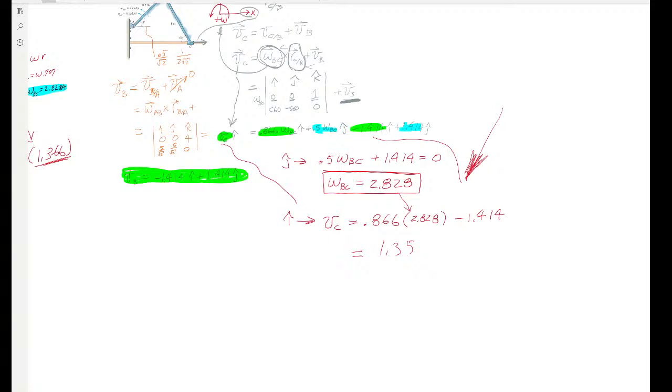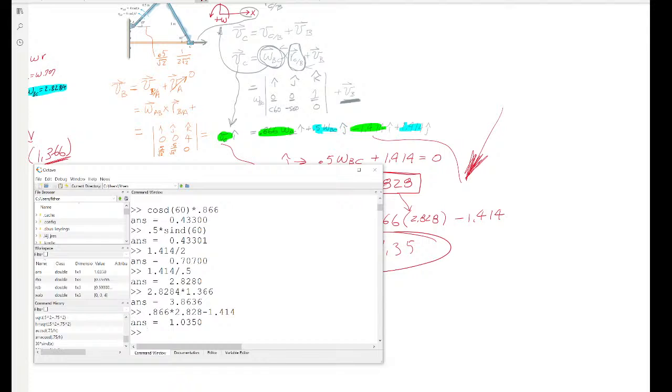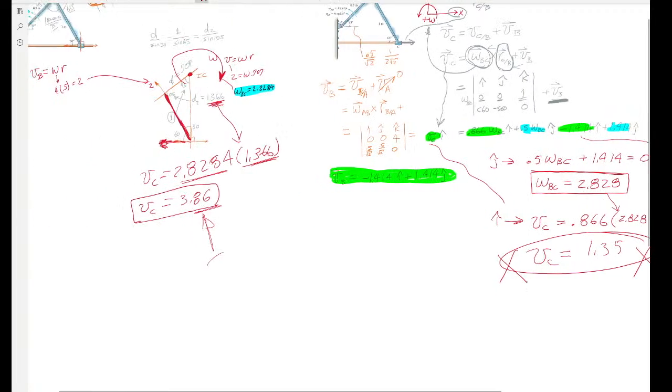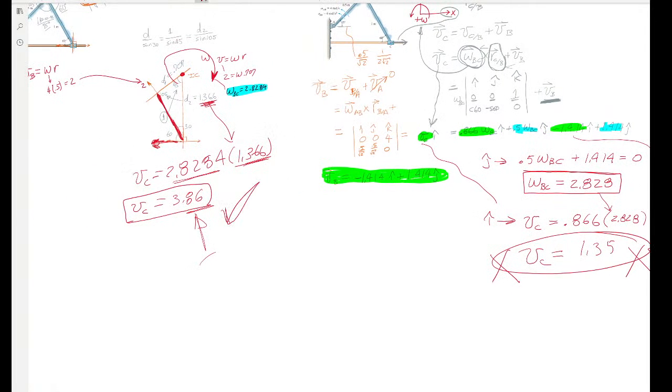But at this point, I know to stop and take a look and figure out where did I make a mistake, because I truly believe or don't believe that this is the correct answer. I do believe that this is the correct answer.